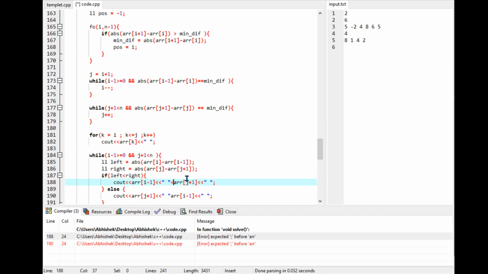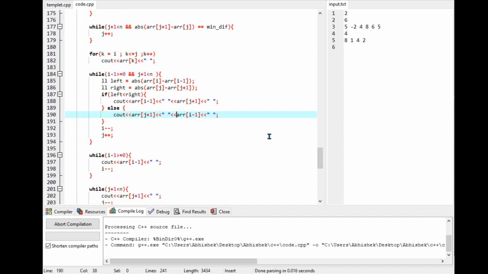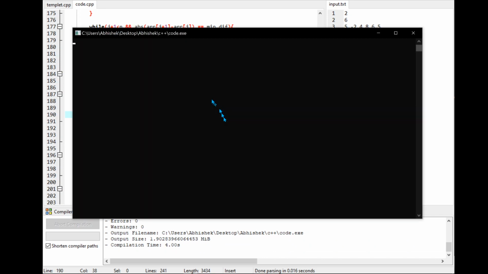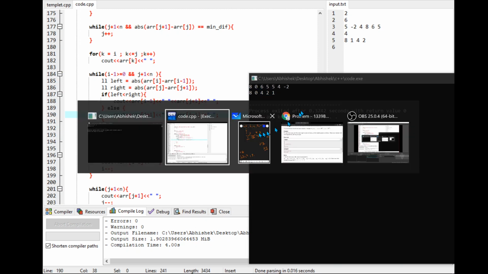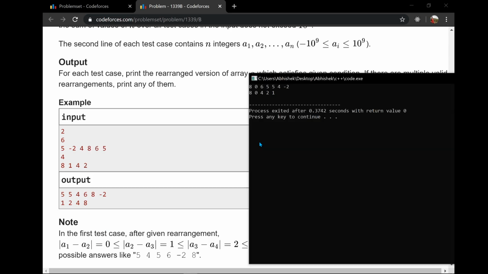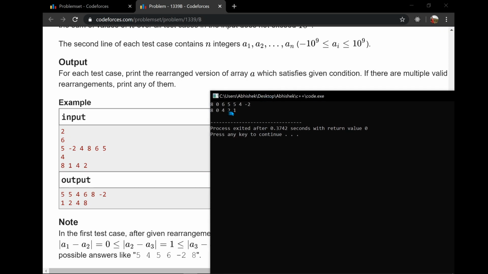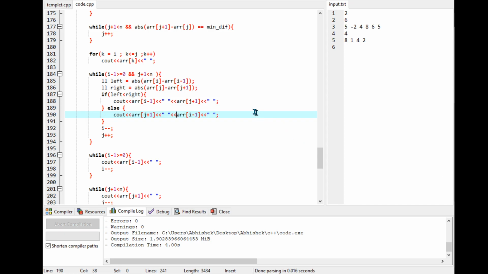Okay, so we have just small syntax errors. Let's see, and we have some answers. Okay, so let's just compare it with the output, which should come. Okay, the output is not coming as expected. Why is this 0 getting printed? Okay, so I need to debug the problem now. So let's first debug for this.